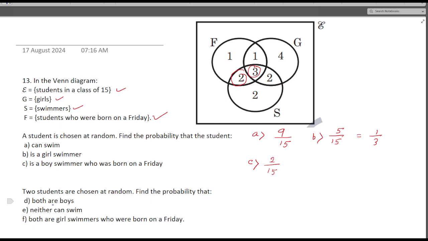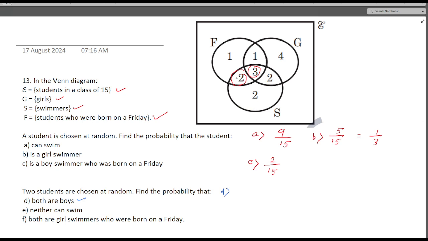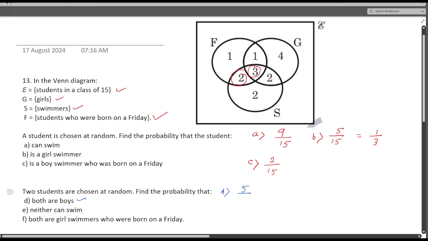Now let us do the second part of the question. 2 students are chosen at random. Find the probability that both are boys. So when I'm choosing 2 students, the number of boys is 2 plus 1, 3 and 3 plus 2, 5. So the probability that the first student is a boy is 5 divided by 15.